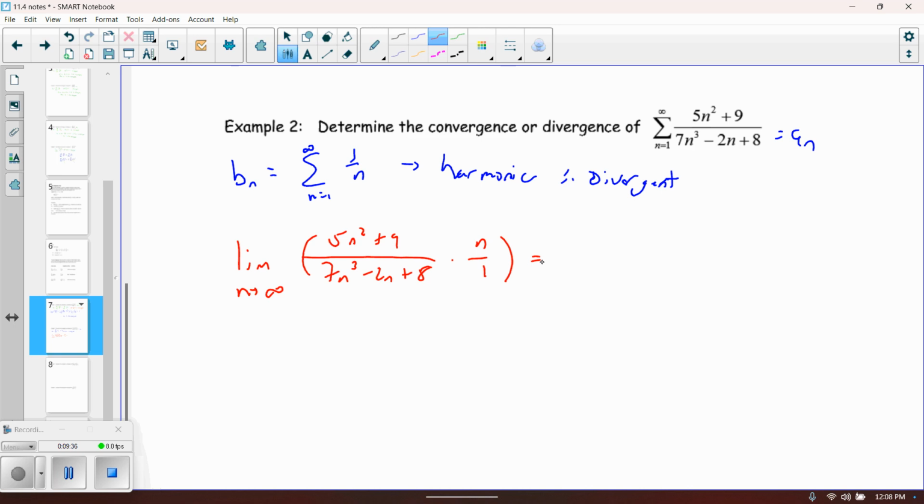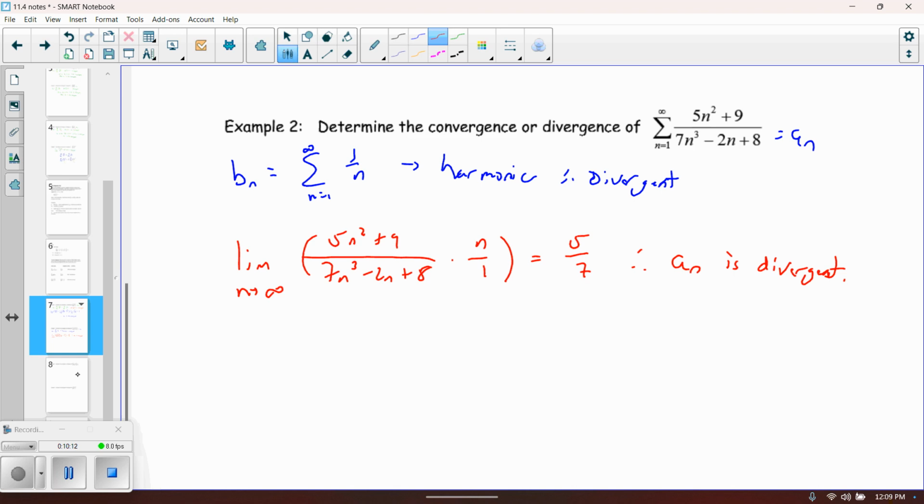Now, in this case, I'm not actually going to distribute, but if you were to distribute the n through the top, you would get a 5n cubed as your dominant term. So then you'd have a 5n cubed over a 7n cubed, same growth rate. Just divide the leading coefficients, and you would get the limit to be 5/7, which is a finite value. And since it's a finite value, a sub n will do the same thing as b sub n, so a sub n is divergent, just like we hypothesized.